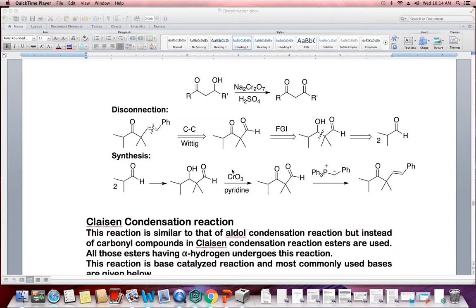This is done through chromium oxide, and this reaction takes place in the presence of base. This hydroxyl functionality is converted into carbonyl compound, and then we do Wittig reaction. Now, ketone is less reactive than aldehyde, so Wittig reaction exclusively takes place at the aldehyde position, and we get our target molecule.